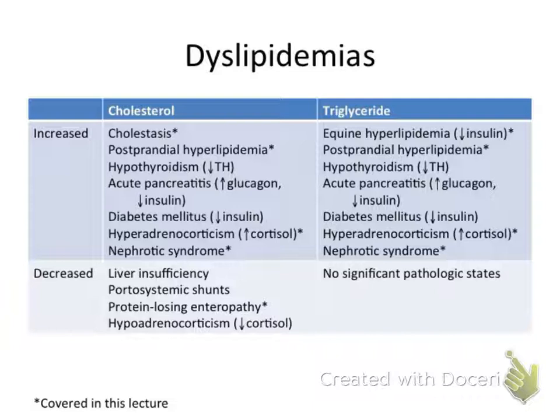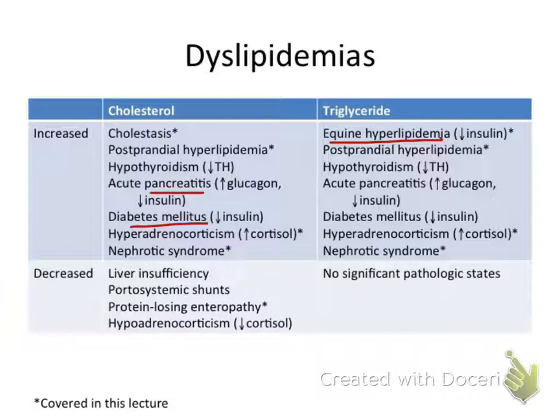Knowing the hormonal regulation of blood lipids is helpful in remembering causes of dyslipidemias, because many of the diseases are due to this hormonal dysregulation. So for example, insulin deficiency or insulin tissue resistance is responsible for hyperlipidemia with pancreatitis, diabetes mellitus, and equine hyperlipidemia.